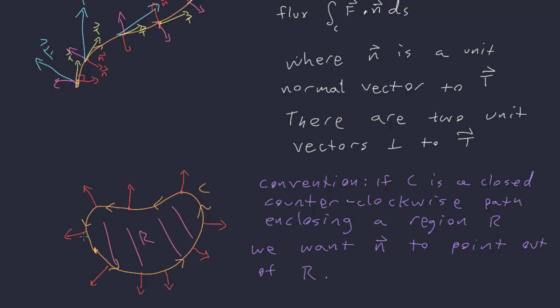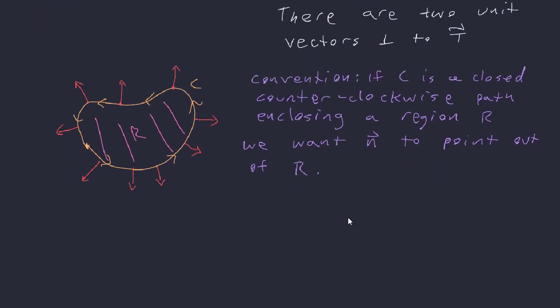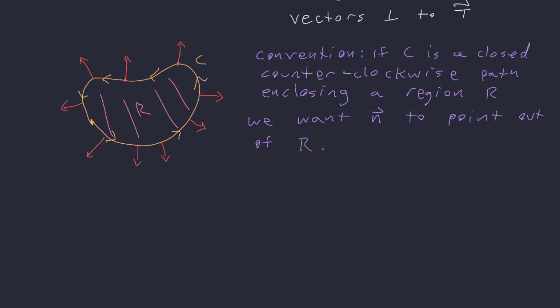Now what happens if we have something like this where we don't really have a way to talk about what's counterclockwise or not, or maybe it's just a straight line? The definition we use is this vector: we take N to be the cross product of T and k.